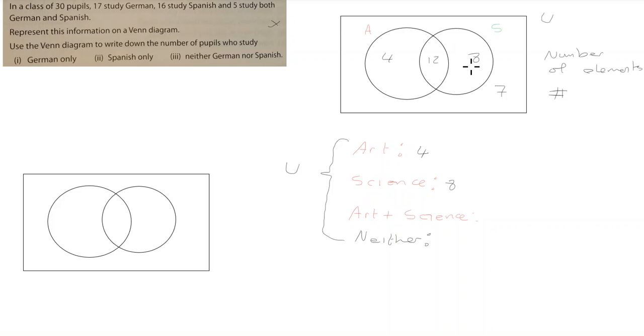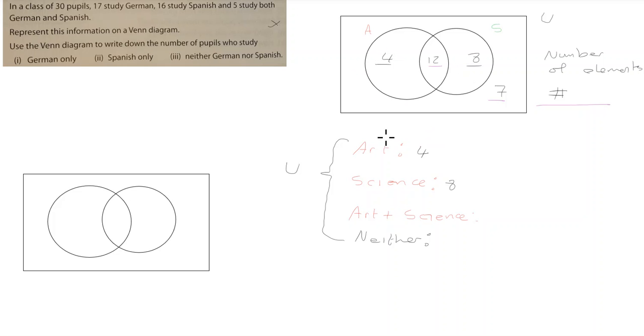So instead of listing out all of the students, we just have 8 students that do science, 4 students that do art, 12 students that do art and science, and 7 students that do neither.